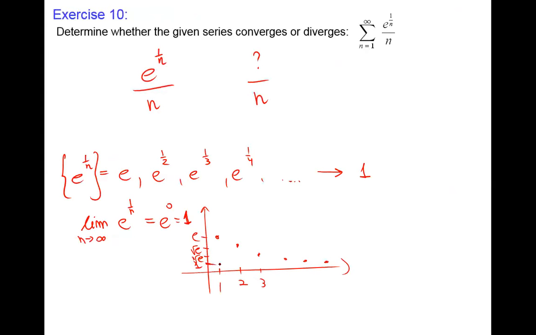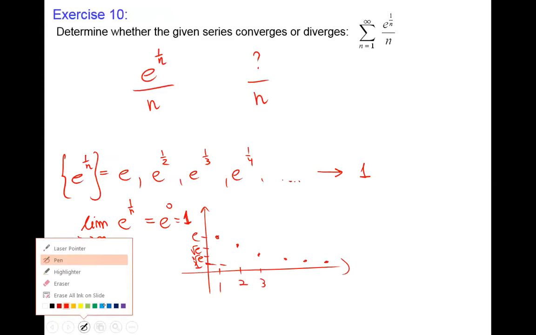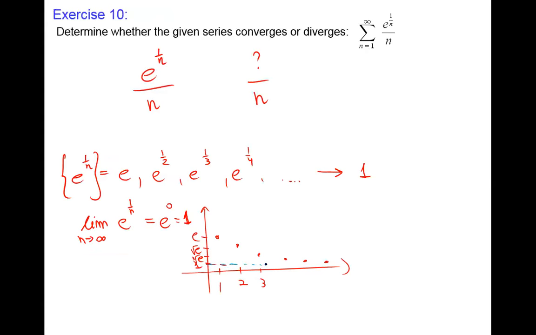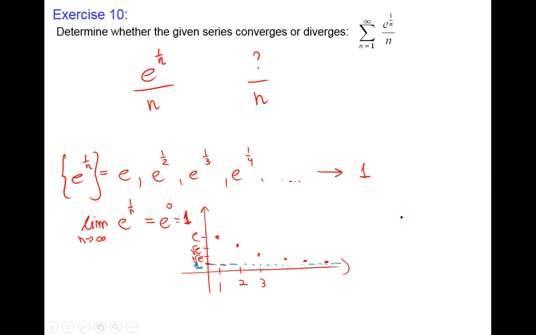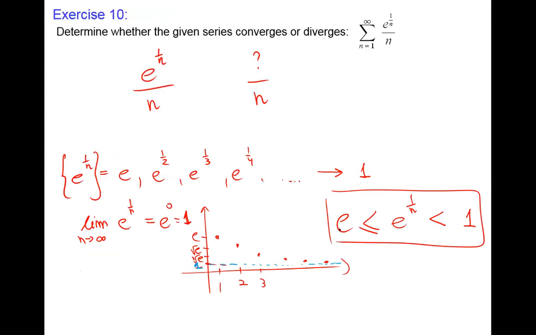I can draw it. That means it's bounded below by 1. We will never touch that value 1. That means I can say that all of the terms are bounded between e and 1. We remember this from section 11.1.